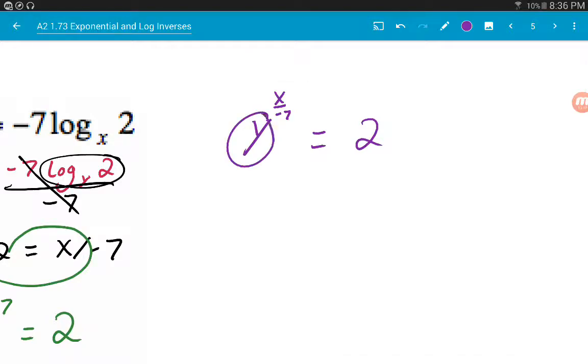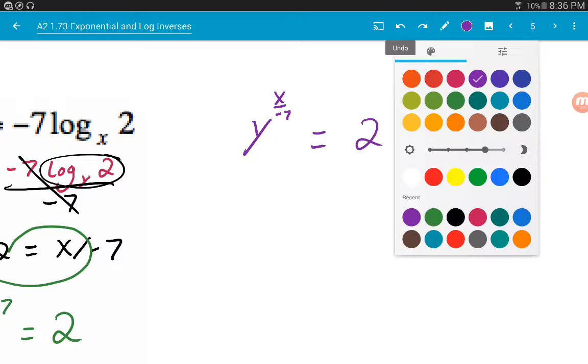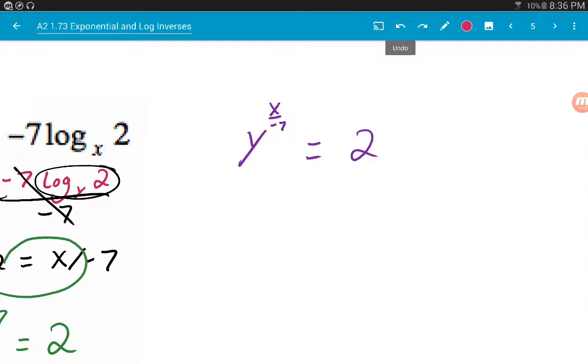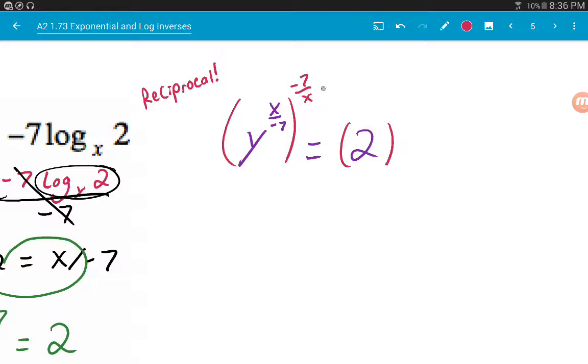I need y by itself. I need y equals in order for this to be a function. So how do I get rid of an exponent? In order to get rid of an exponent, I have to raise both sides to that exponent's reciprocal. So flip it. We did this in class like 3-4 lessons ago.